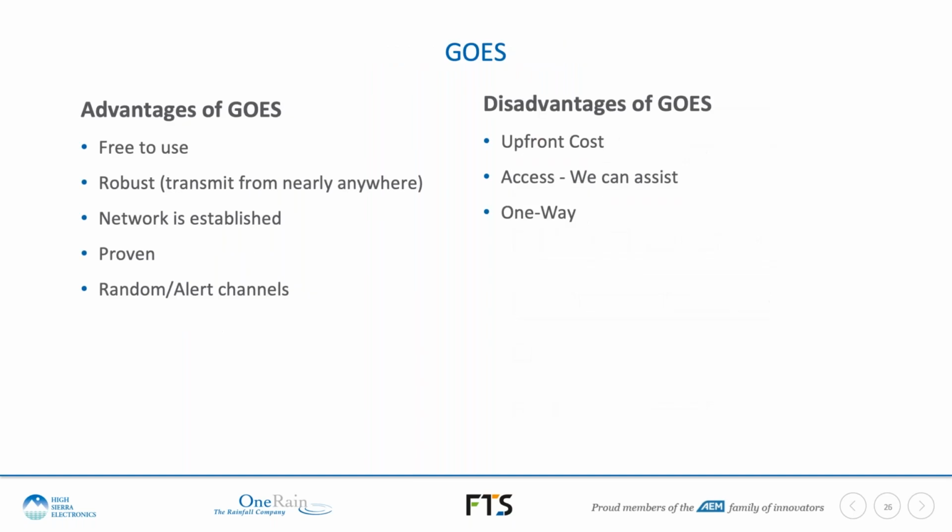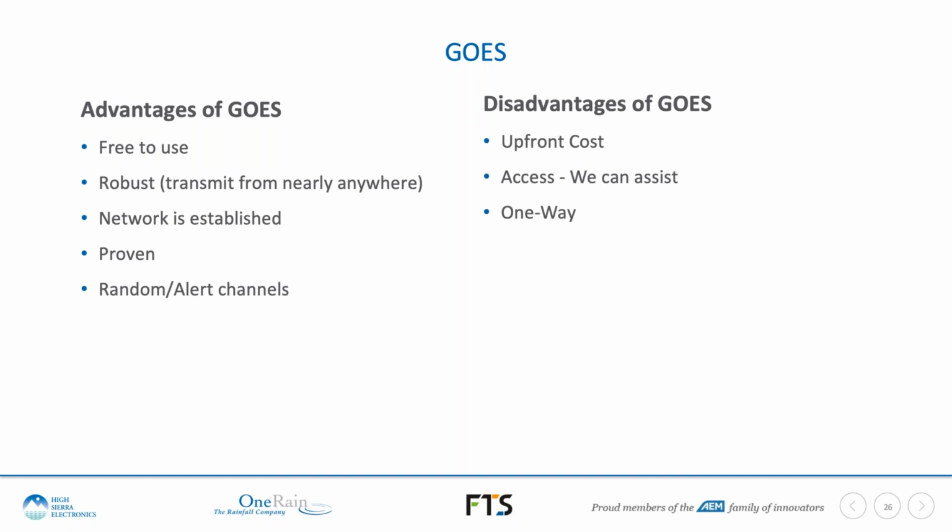A couple of advantages and disadvantages for GOES. Probably the biggest advantage is it's free to use. There is not an annual cost or anything like that to use the GOES satellite. So once you're granted access and given a channel and ID, it's free to use. It's extremely robust.